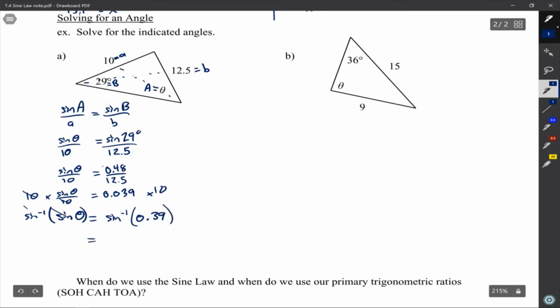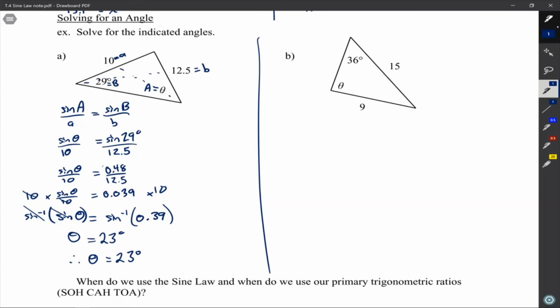They cancel out on the left side, leaving us with just theta, and we'll use our calculator. The inverse sine of 0.39 is 23 degrees. Therefore, theta is 23 degrees. That's our missing angle there.